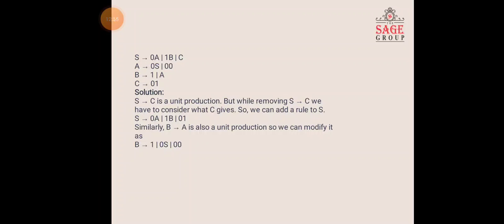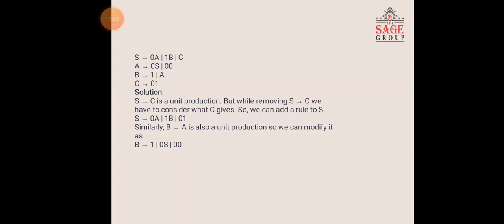But while removing S tends to C, we have to consider what production C is generating. You can see in this grammar C tends to 0 1, we have only one production with C, that is C tends to 0 1. So in place of C we need to substitute 0 1.